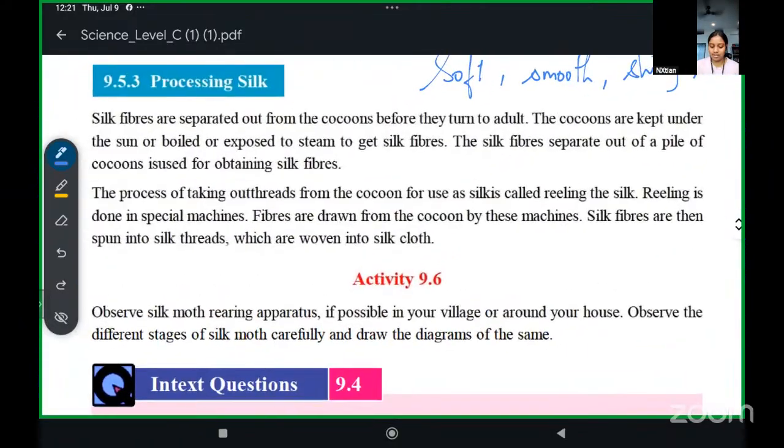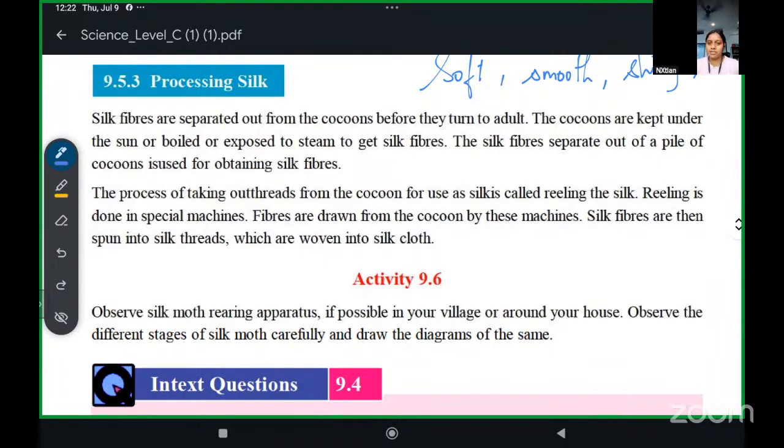Processing of silk. Silk fibers are separated out from the cocoons before they turn into adults. The cocoons are kept under the sun or boiled or exposed to steam to get silk fibers. Before they are fully adult, they separate the silk fibers, and the moths just develop.